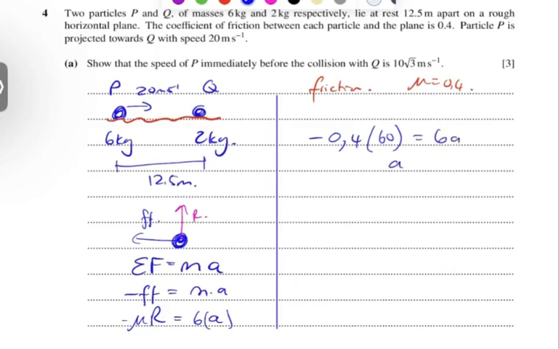And so my acceleration in this case, it's actually deceleration, is going to be -4 meters per second squared. So it's slowing down at -4 meters per second squared. And then I can do suvat now because I know my distance is 12.5, I know my starting speed is 20, I want to know my final speed, and my acceleration is -4.